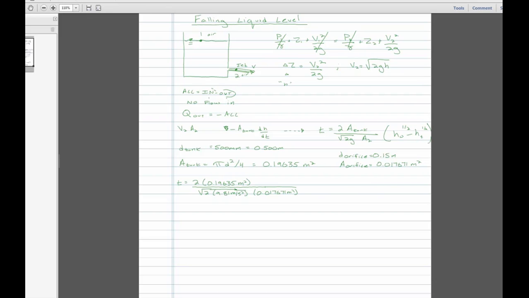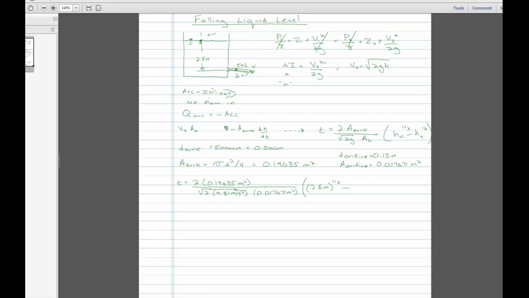Initially the liquid level is 2.5 meters from the center of the orifice opening to the liquid surface. So it's falling from a height of 2.5 meters, and we need to take that to the 1/2 power.